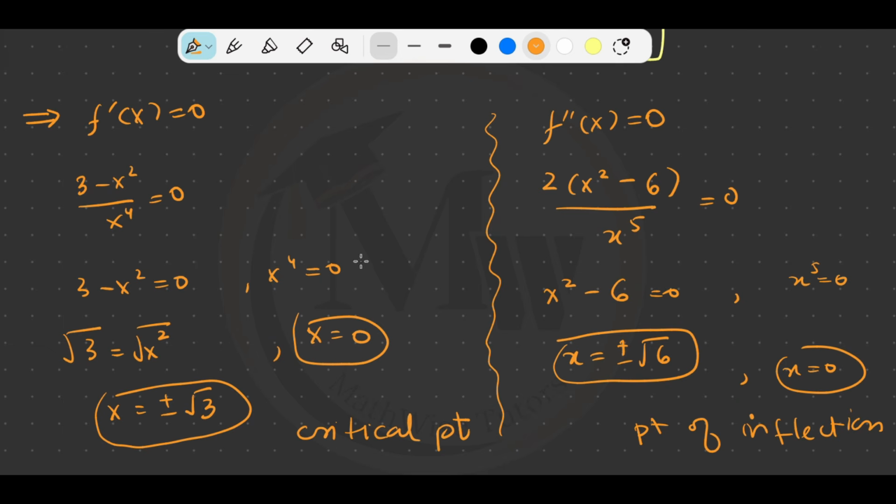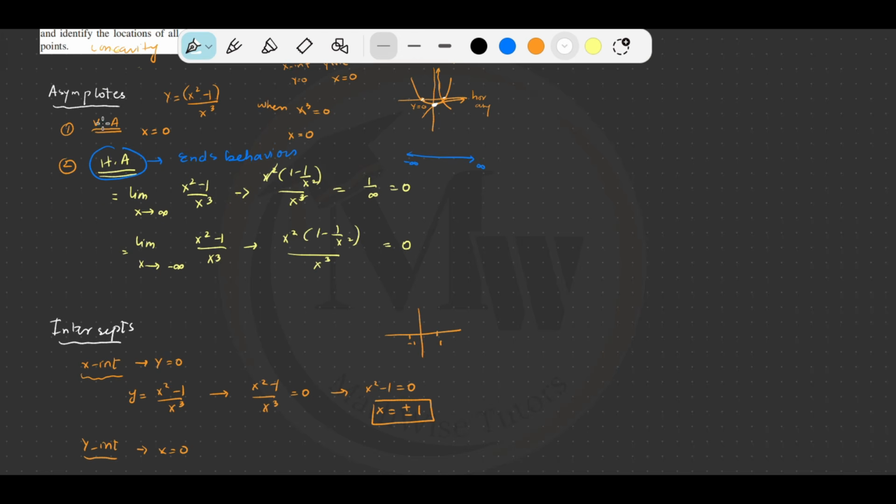If you notice, we got some points of x while finding the asymptote and intercepts. We got x is equal to 0 while finding the vertical asymptote, and we got x is equal to plus minus 1 while finding the intercepts. Because we need to draw the graph, we will check how the function behaves around these points.